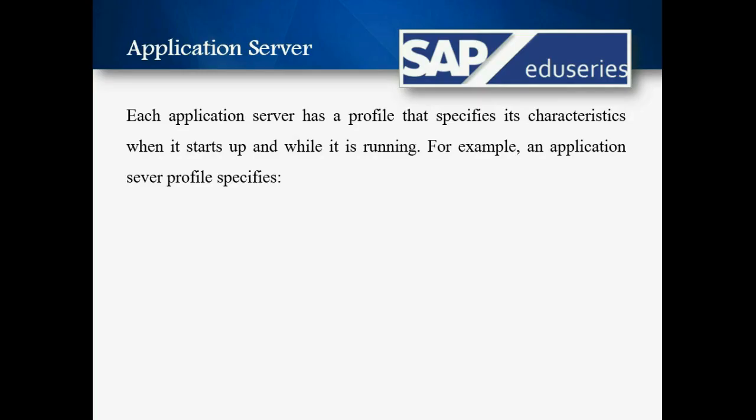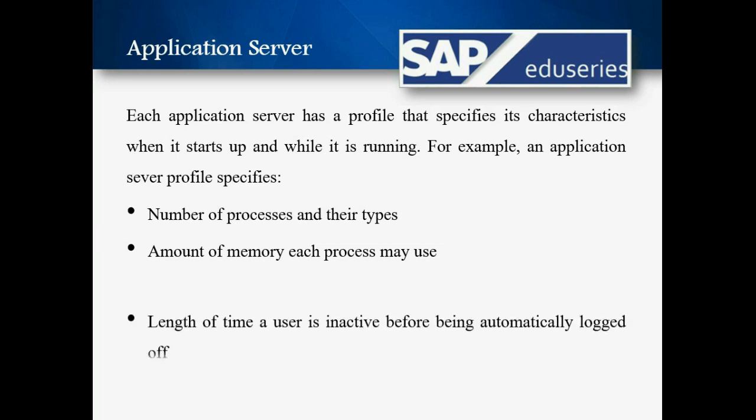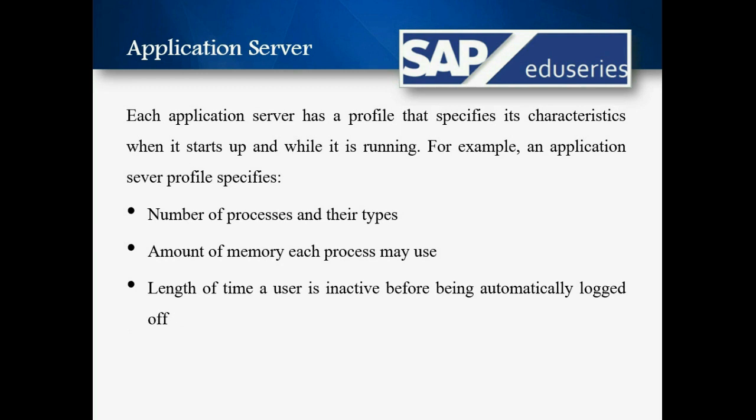Each application server has a profile that specifies its characteristics when it starts up and while it is running. For example, an application server profile specifies number of processes and their types, amount of memory each process may use, length of time a user is inactive before being automatically logged off.